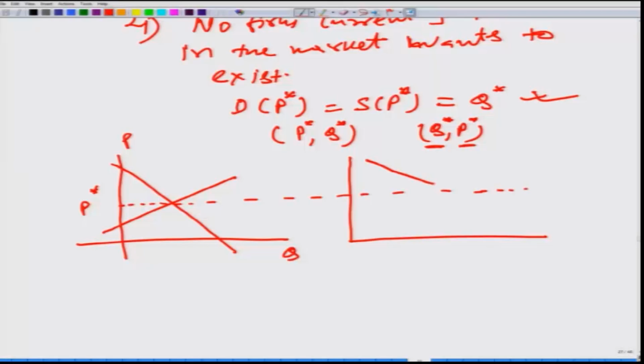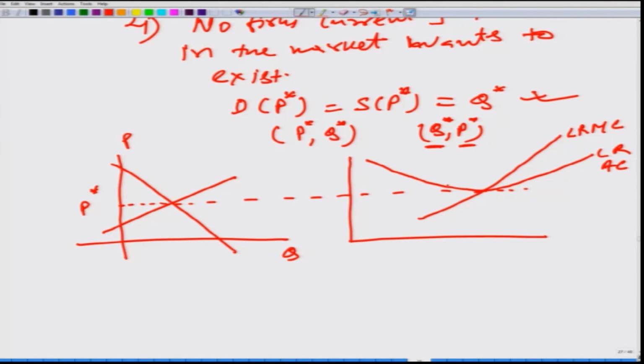If firms are making some profit, then some entrepreneurs would have incentive to enter the market. So, if this is the long run equilibrium, then the firms should not be making any profit. So, if we draw, this is the long run average cost curve, and let us say this is the long run marginal cost curve.